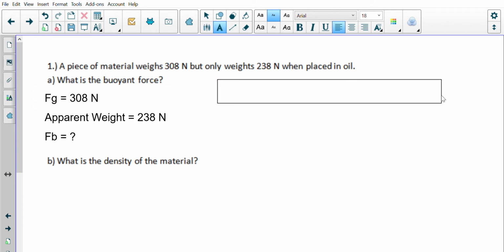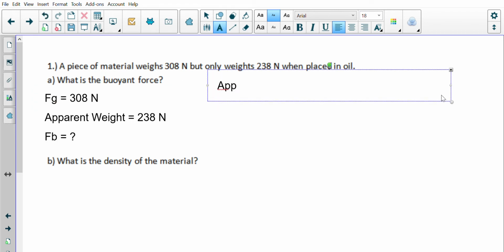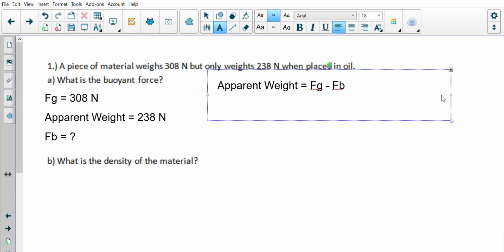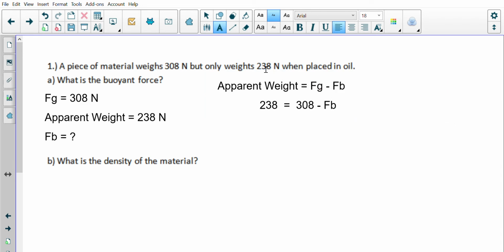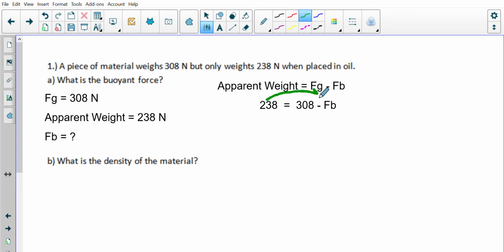All right, so again, we had our formula where we have our apparent weight, we don't have any short form for that, is equal to Fg minus Fb. So if I substitute in my values, we know the apparent weight this time is 238 newtons, our Fg is 308 minus our Fb. Now, moving things around, I'm going to move my 238 to one side, my negative Fb to the other.